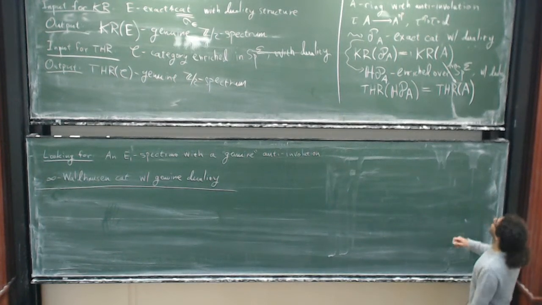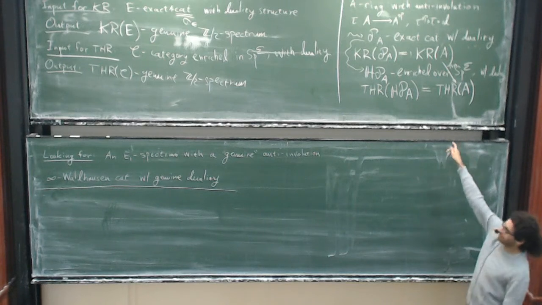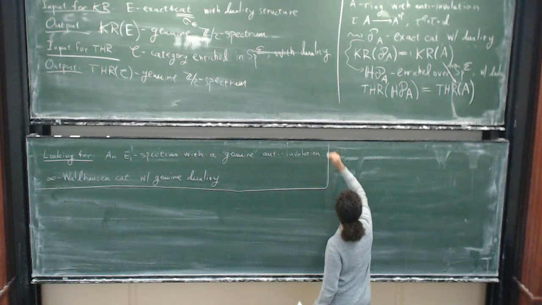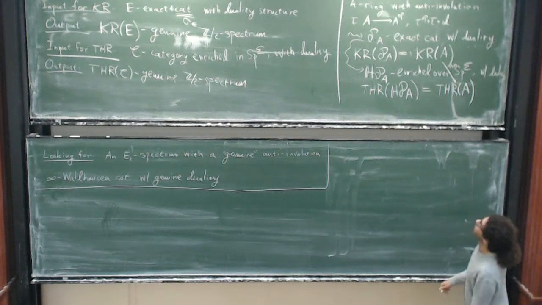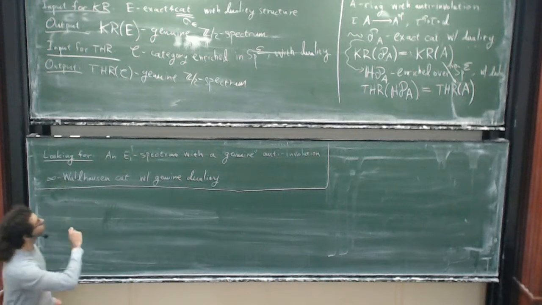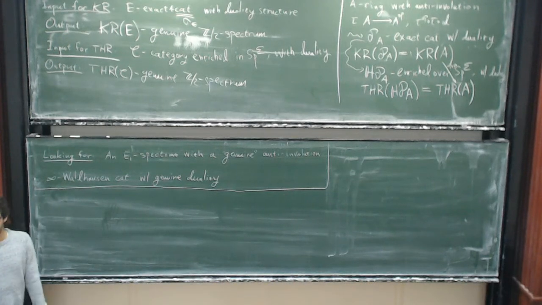I want to take this approach and change it a little bit. We said that the input for THR is a category enriched over symmetric spectra with duality. Let's think about what happens when this category has only one object. What do we get?